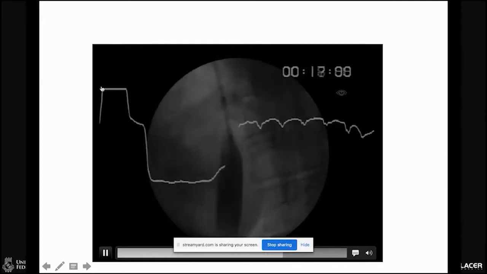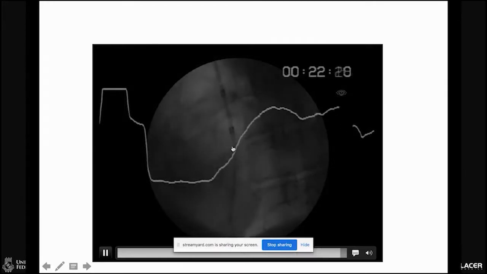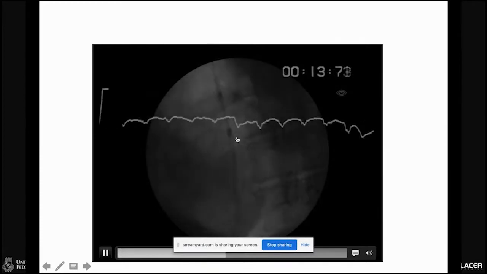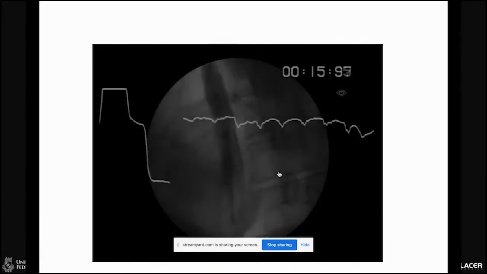The rise has to do with entrance of air and the drop with passage of the liquid bolus that is involving the two impedance electrodes.